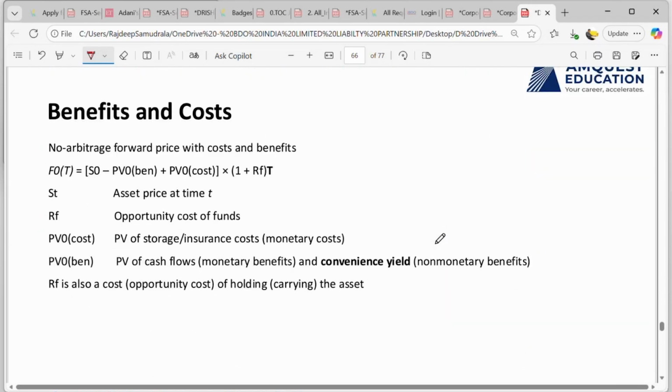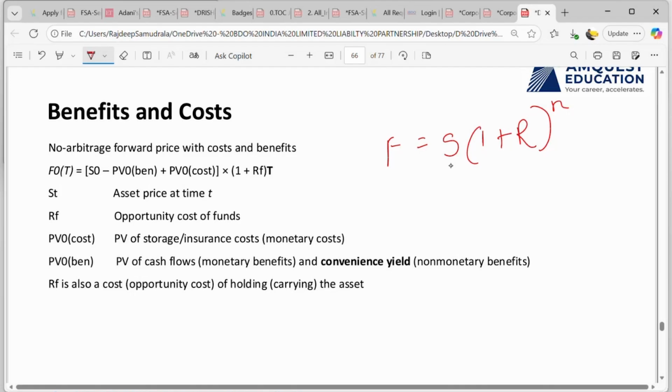Now, what are the benefits and costs, obviously, of the no arbitrage forward price? Look at that. The forward price I just mentioned to you is nothing but the simple formula: spot price into 1 plus R, right, raised to N. Correct? Now look carefully at what I'm explaining to you.